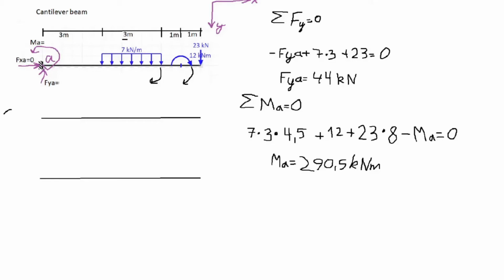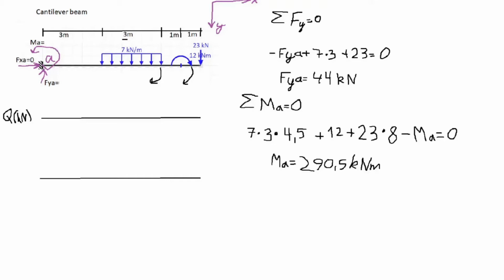Now let's move on to drawing our shear force diagram. Just a reminder that the shear force diagram will show what is going on inside the beam. We have marked our vertical direction to be positive when forces go down.